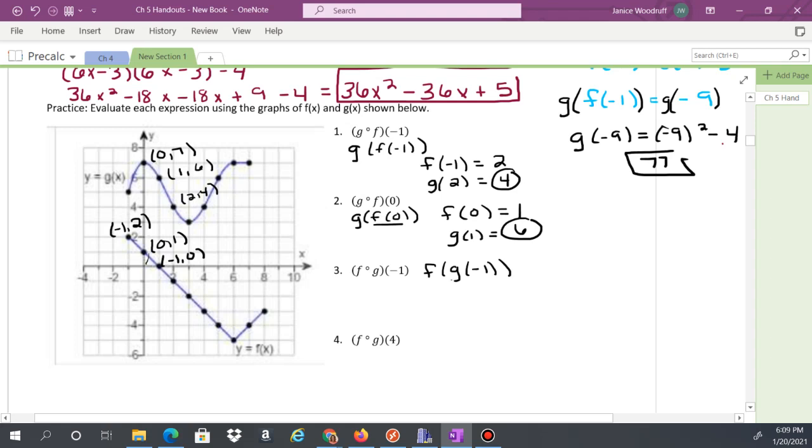So start with g of -1. So -1, 5. And then f of 5. So 5 on our x-axis is right here. And that looks like that is -4.